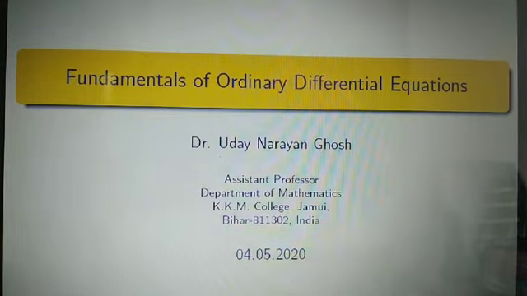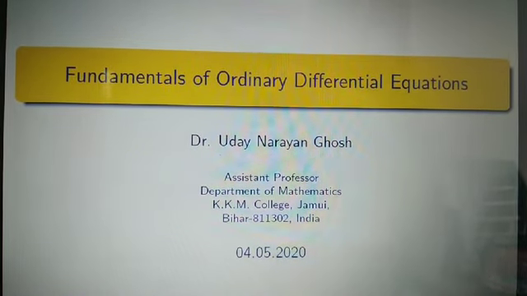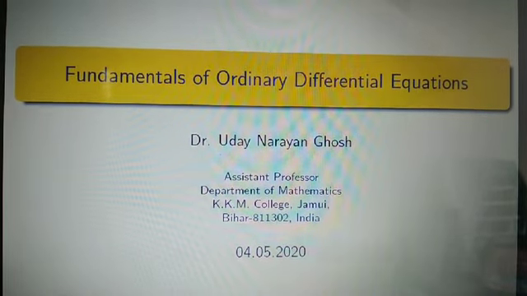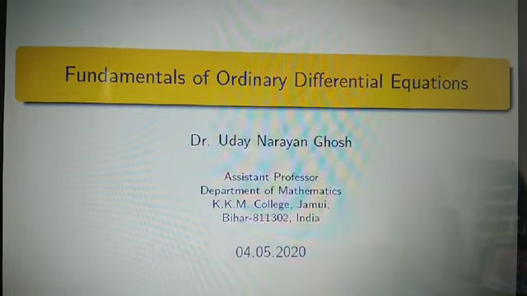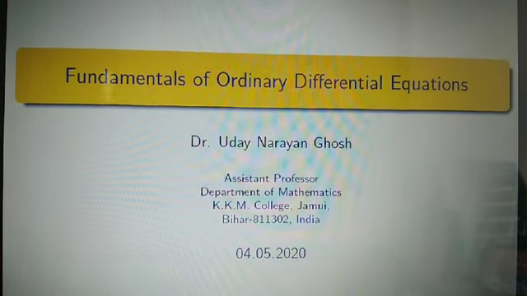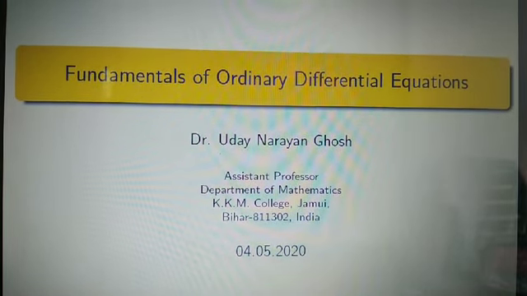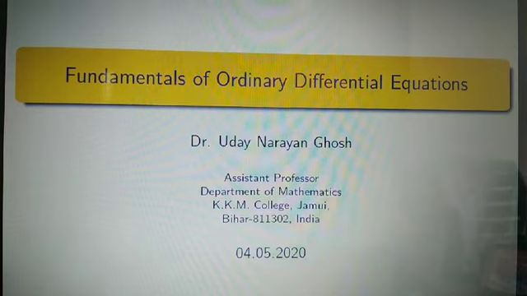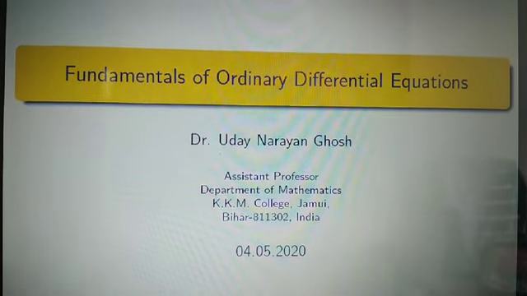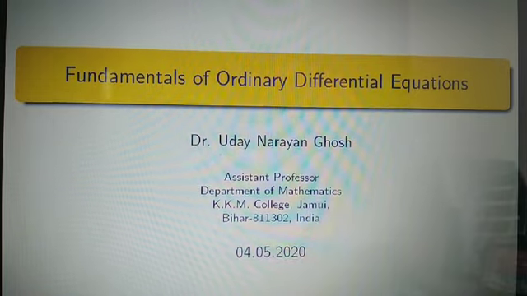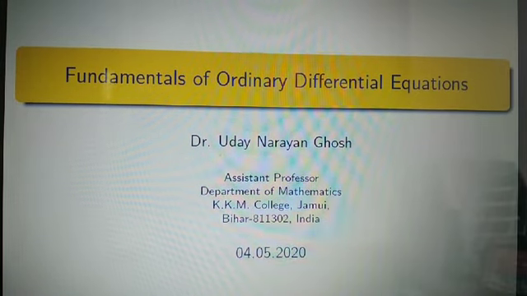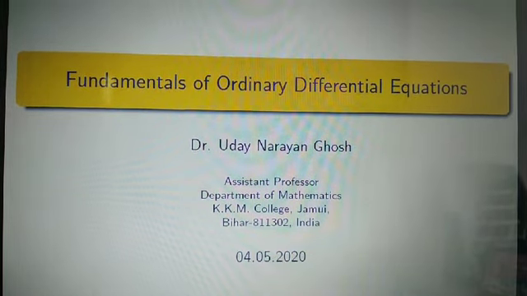How does it occur? Because any nth order differential equation can be reduced to a first order set of ordinary differential equations. That means if an nth order differential equation exists in some domain, then n first order differential equations can be derived from it.